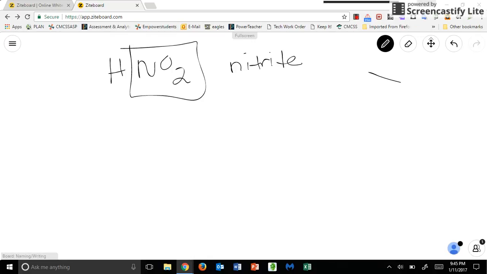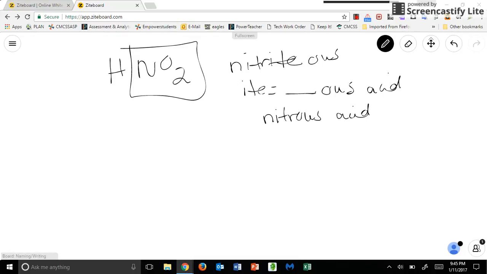So it has a different rule because it ends in ITE. So the rule for this acid is if it ends in ITE, you change it to OUS. So nitrite becomes nitrous. So this formula would be nitrous acid.